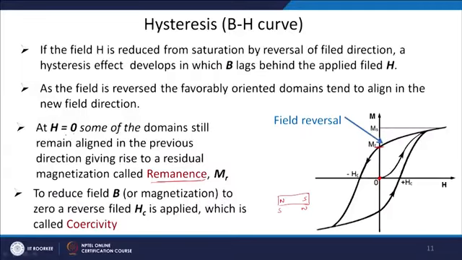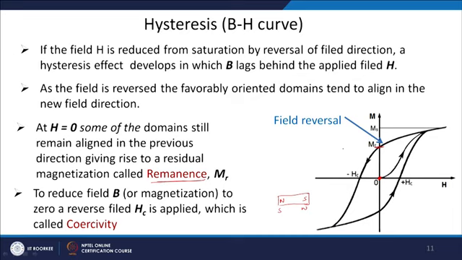So while reversing at H equal to 0, some of the domains still remained aligned in the previous direction, which we did while magnetizing, which gives rise to a residual magnetization, called remanence MR. That much will remain in the material.